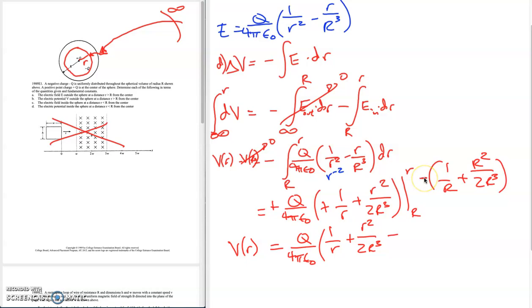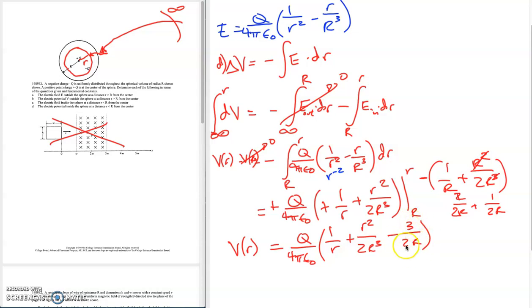All of that is the lower limit, so there's a great big minus sign out front of it, the same minus sign. And r squared over r cubed simplifies, and we have 1 over r plus 1 over 2r. So that's 2 over 2r, which gets us 3 over 2r. So minus 3 over 2r.